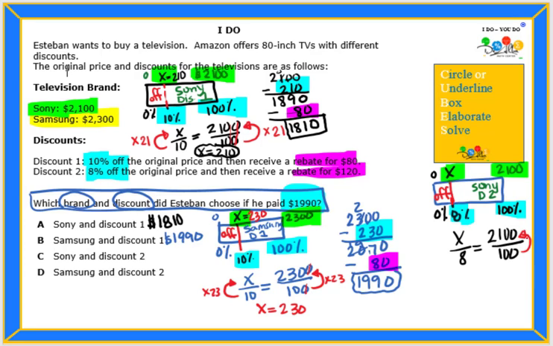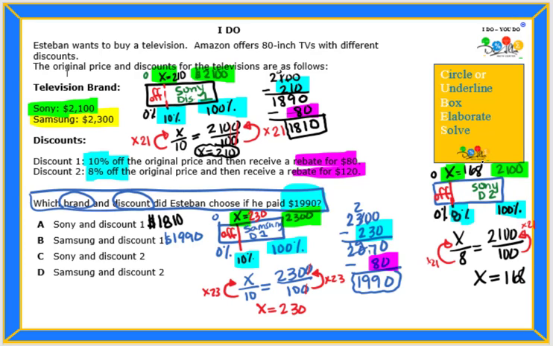So times 21. And so I'm going to do 8 times 21 to figure out what X equals to. So X equals $168. So that means we're going to save with our coupon of 8%, $168.